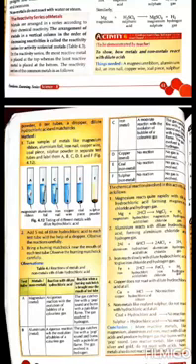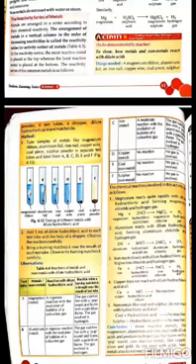Non-metals like coal and sulfur do not react with hydrochloric acid at all. So their reaction can be written as coal + hydrochloric acid giving no reaction, sulfur + hydrochloric acid giving no reaction.